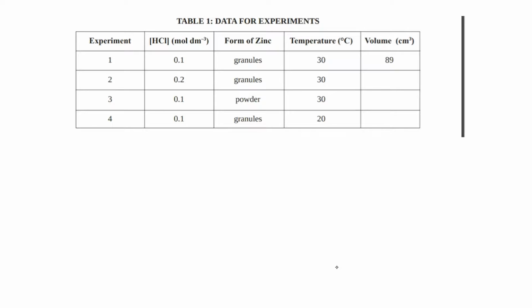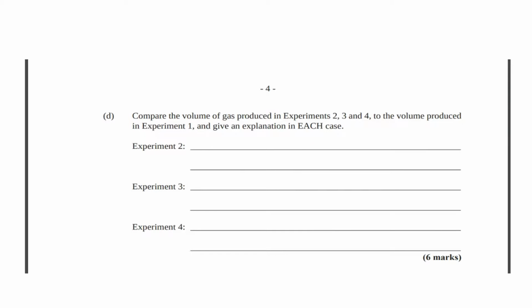So remember, experiment 2 was about 171, experiment 3, 187, and experiment 4, 46. So read the question again. Compare the volume of gas produced in experiment 2, 3, and 4 to the volume produced in experiment 1 and give an explanation in each case.